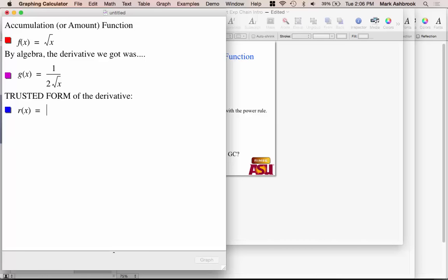Kyla Richardson? Is Kyla here? What's our trusted form of the rate of change of f? Good. We know that's right. If we've got our function right, now we know that our x is right, okay?